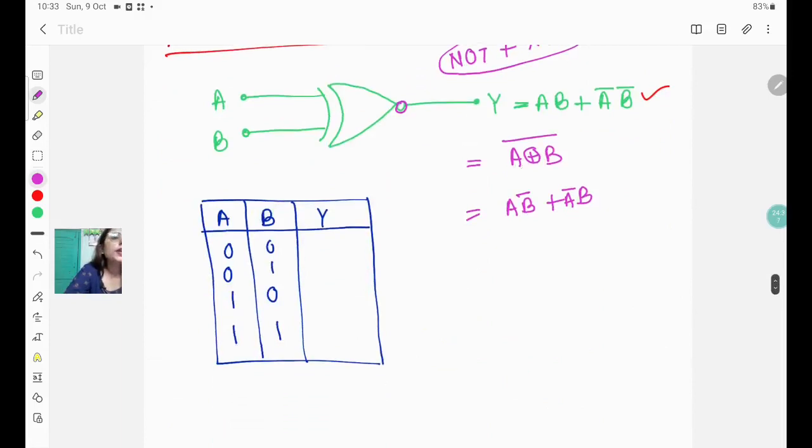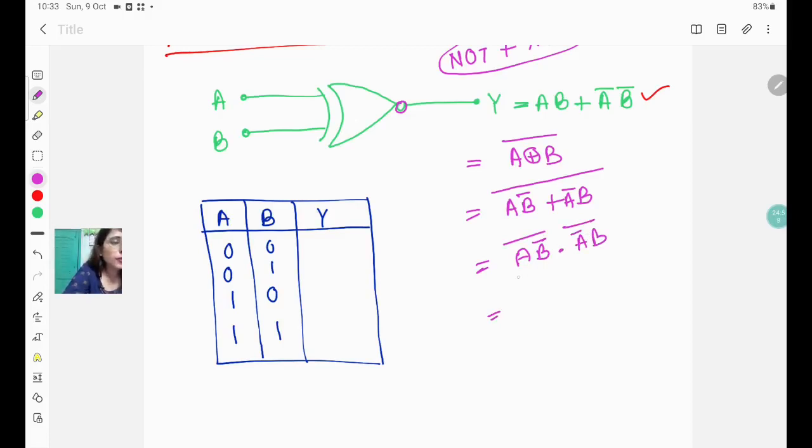So we are giving here A XOR B and bar of that. So A XOR B means A B bar plus A bar B, and bar of that means the bar of the whole thing. That means from De Morgan's principle, A B bar dot A bar B bar, right?